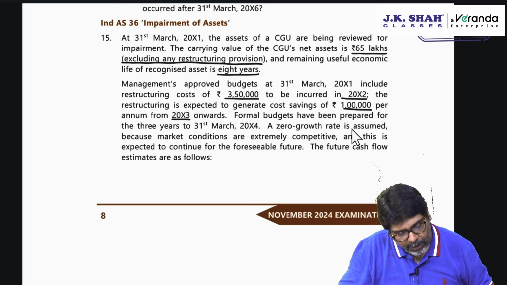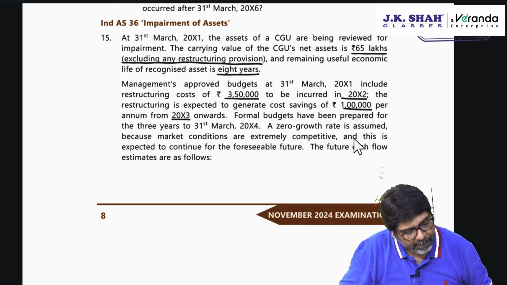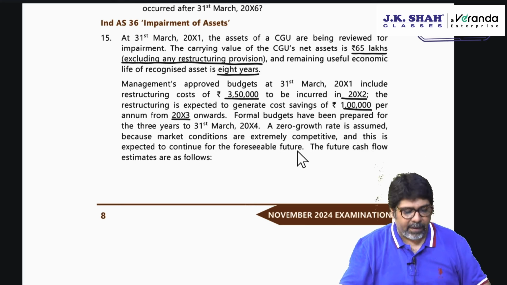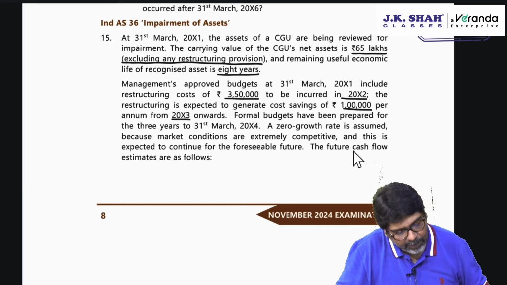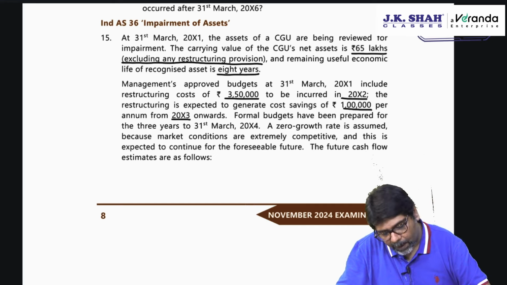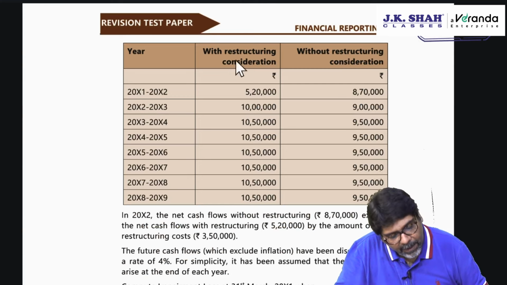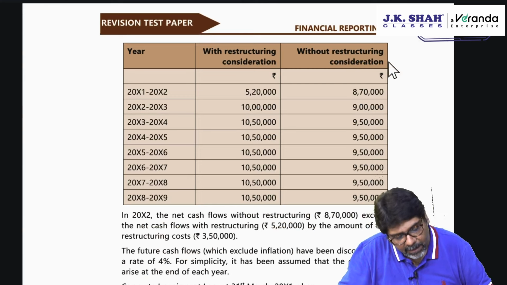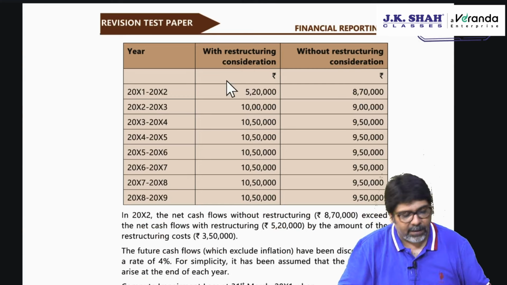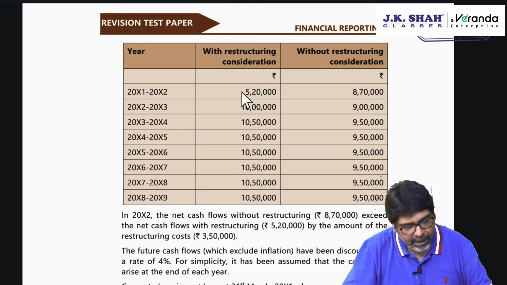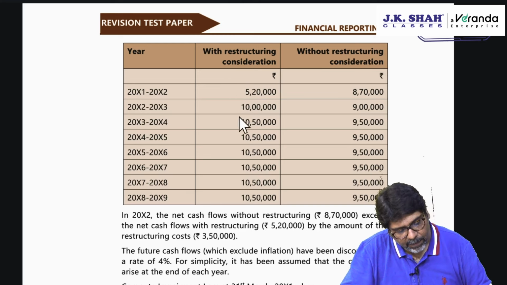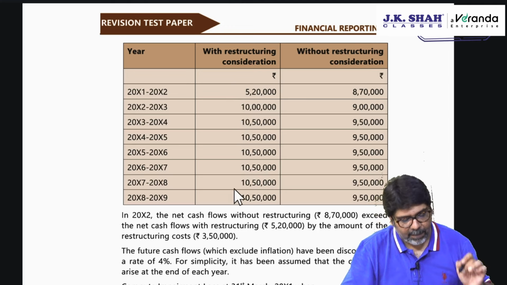A zero growth rate is assumed because the market conditions are extremely competitive and this is expected to continue for the foreseeable future. The future cash flows are with restructuring consideration, and without restructuring. With restructuring, you are expecting a cash flow of 10 lakh, then 10 lakh 50,000 each year.